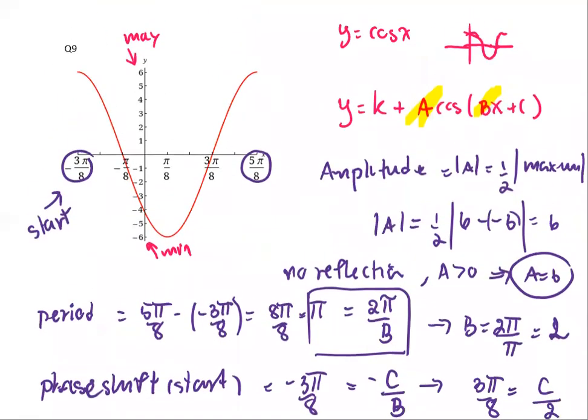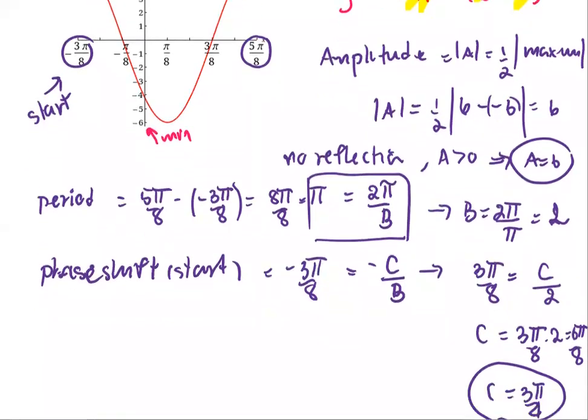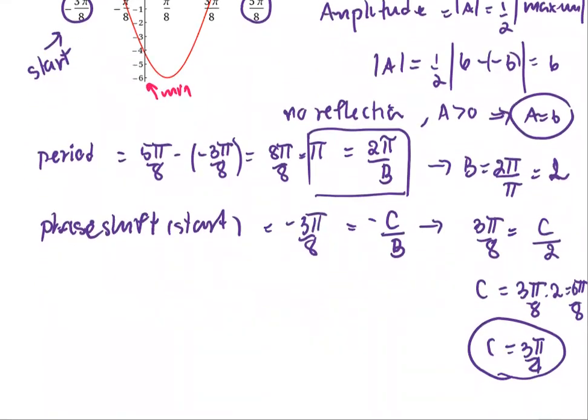I'm going to highlight this. The next part is k. We're going to find k by considering the range of the graph, which is from the minimum to the maximum. The minimum is -6, and the maximum is +6.